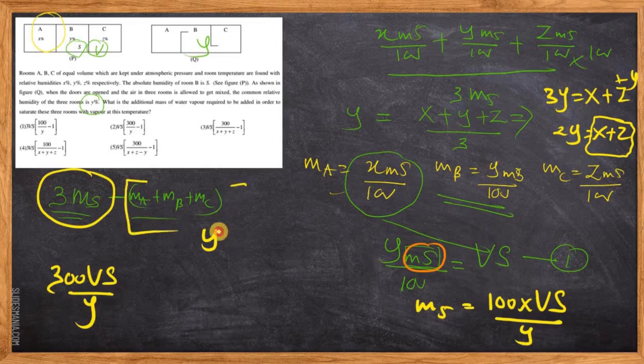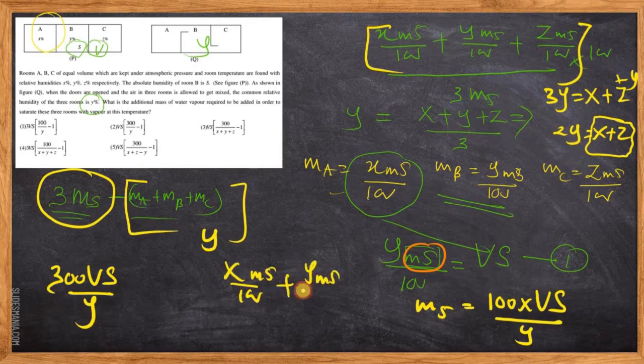Now what we have to do is get the rest of the mass. The rest of the mass is these values that are here, X plus Y plus Z. From that we have found a connection here. Let's write it: X ms over 100 plus Y ms over 100 plus Z ms over 100.